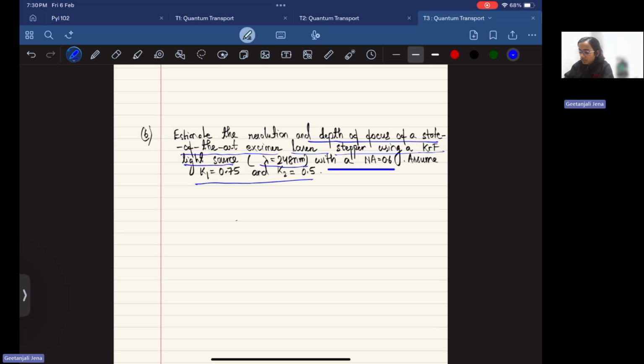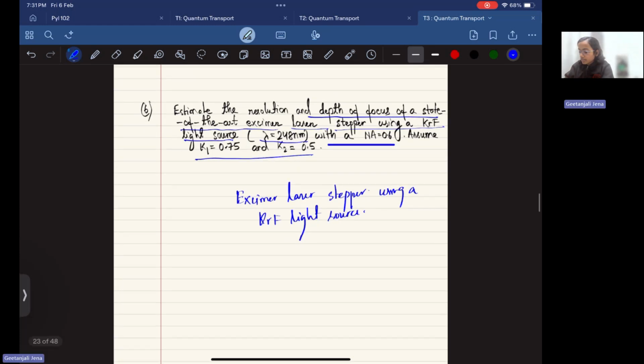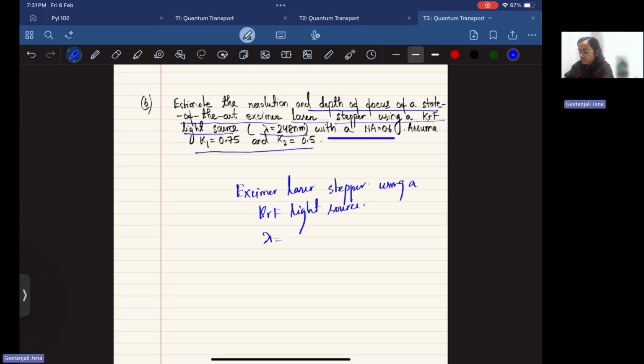So we have a source, an optical setup, and it's given that the lambda is 248 nanometer and the numerical aperture is 0.6.